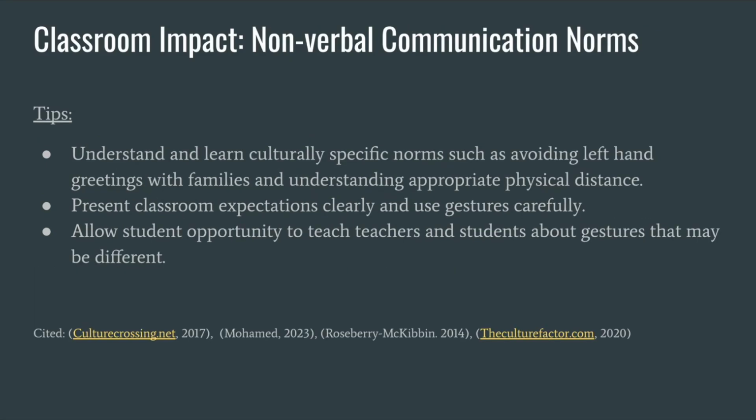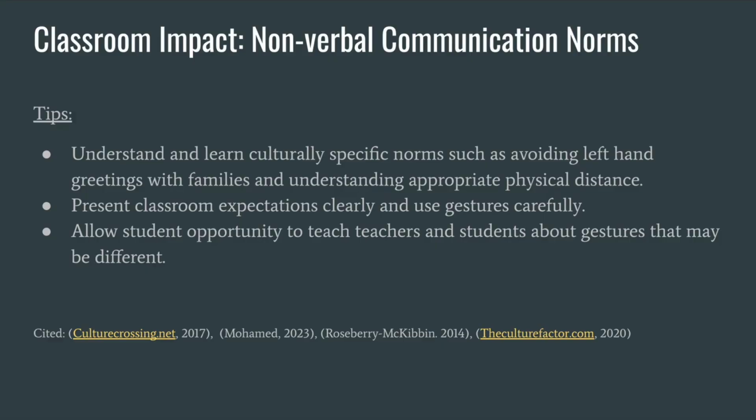On our next slide, we discuss nonverbal communication norms. So teachers need to be wary of not only what their students do, but what they do as well. There is usually minimal eye contact with authority. However, there may be large amounts of eye contact with trusted family or friends. So making eye contact with your student might not always be a thing. And just because they're not giving you eye contact doesn't mean that they're not listening.